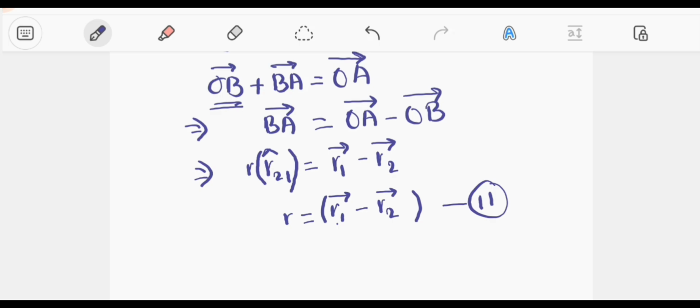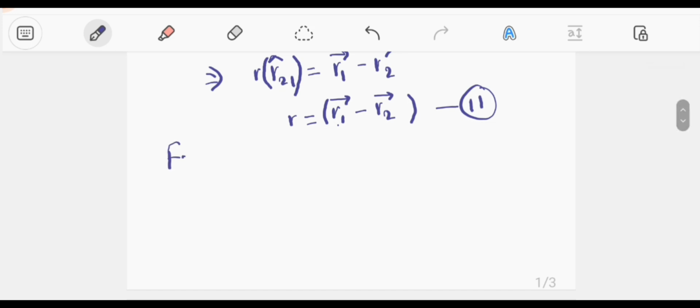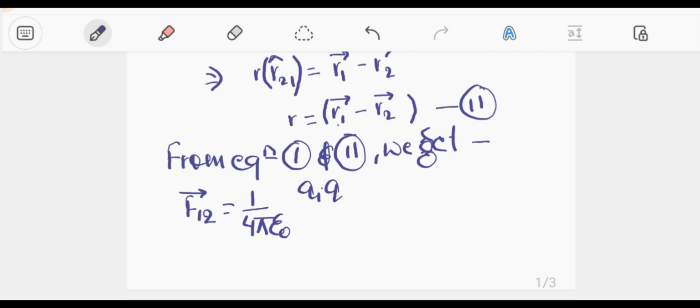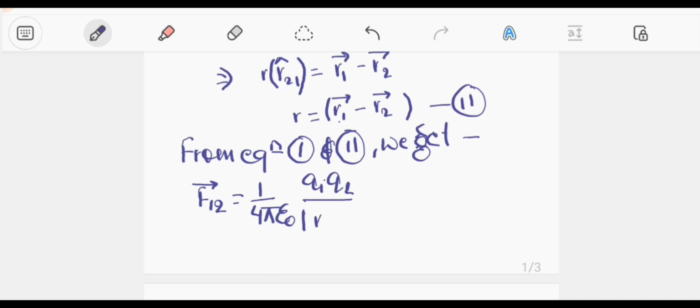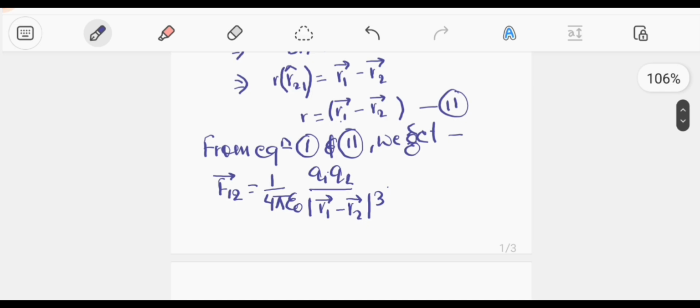Now if we put r equals r1 minus r2 in equation 1, from equation 1 and equation 2 we get that the force on 1 due to 2 is equal to 1 by 4 pi epsilon naught, q1 multiplied by q2, divided by the whole cube of r1 vector minus r2 vector, multiplied by r cap 21, so here we can also write it as r1 minus r2.